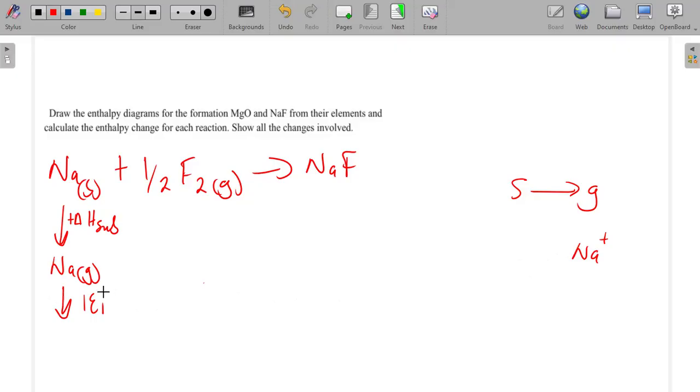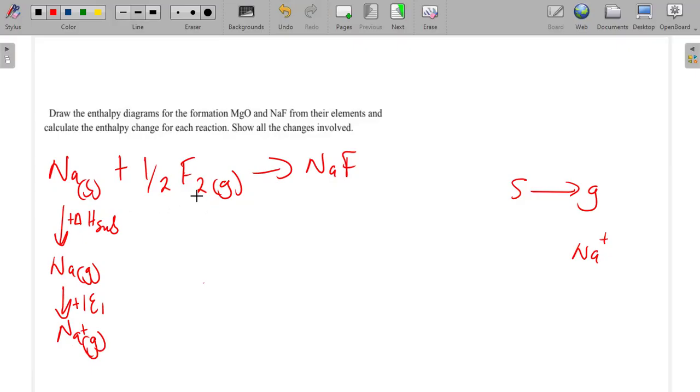Because you only have 1 electron, you only have the first ionization energy to form the sodium ion. This ionization energy is positive because heat is added for an electron to be removed. So we have the sodium ion as a gas.